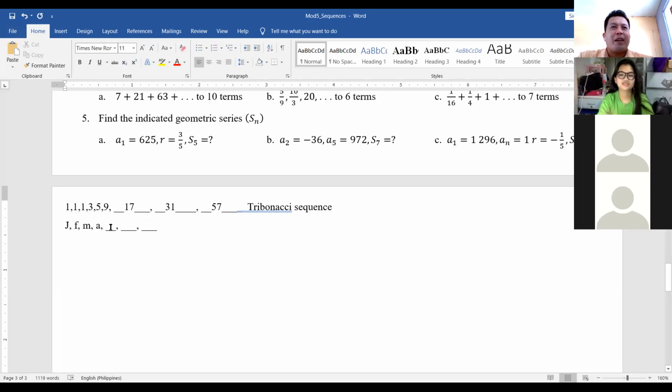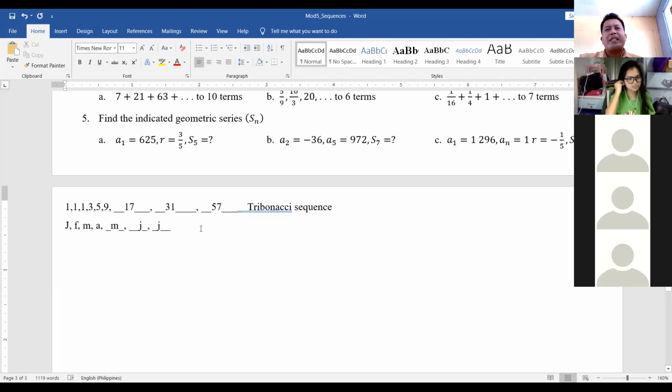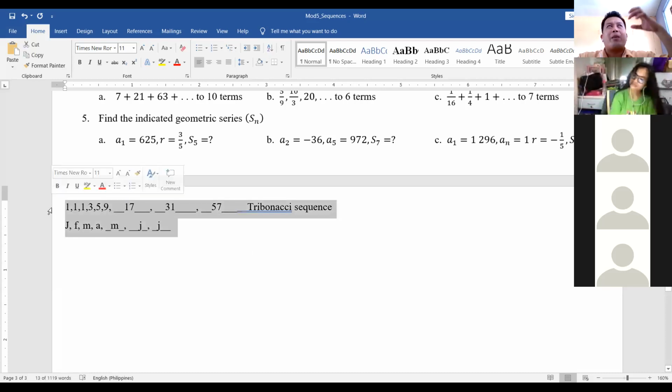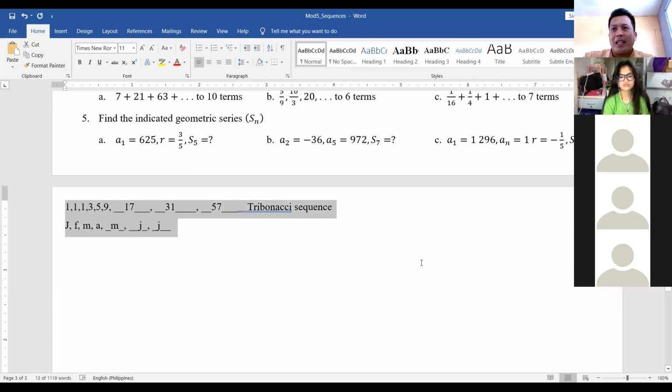M, J, J. May, June, July. So these are simple sequences that are probably common to us, but we cannot find the answer because, as common as it is, we tend to forget it, right? So please also look at it on a wider scale, not only as arithmetic and geometric.